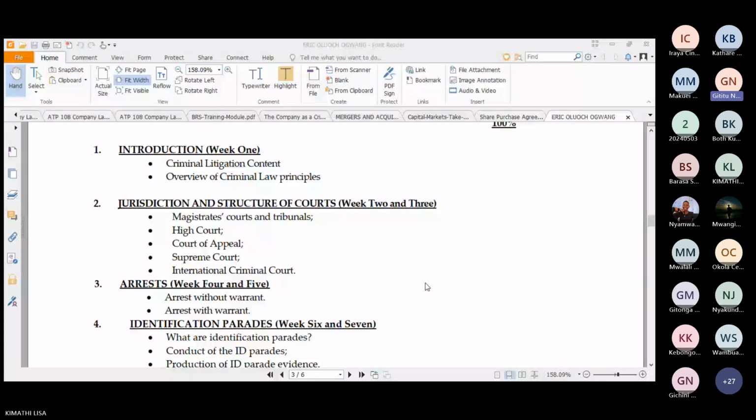Then it goes down for the senior resident magistrate, 15 million. The resident magistrate, senior principal, I think it's 7 million. Then for the principal magistrate, I cannot remember the rest. But there is that cap.